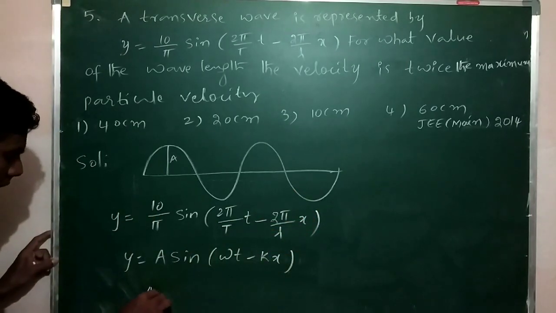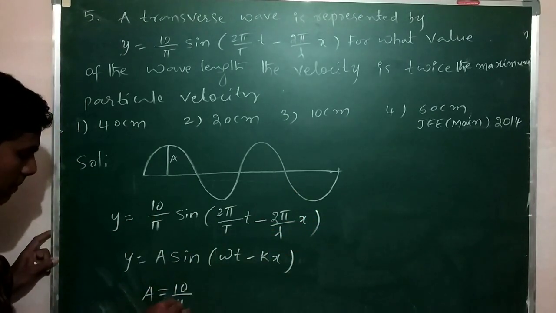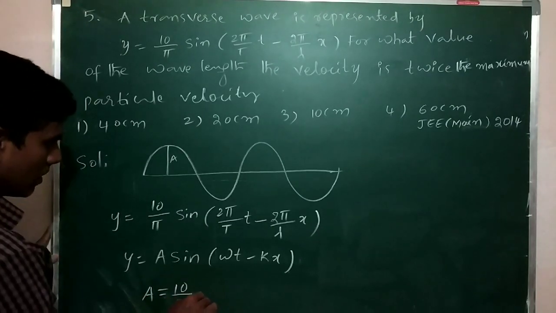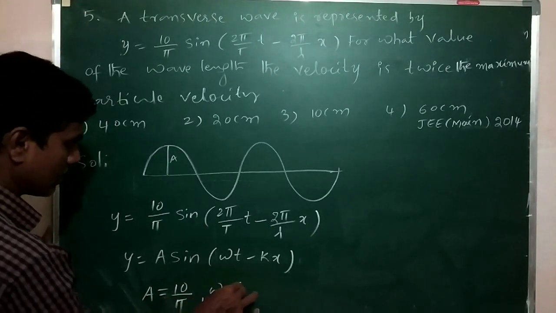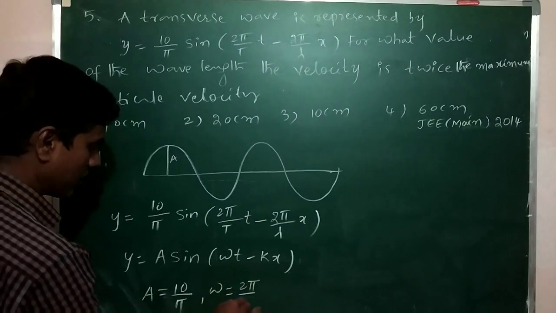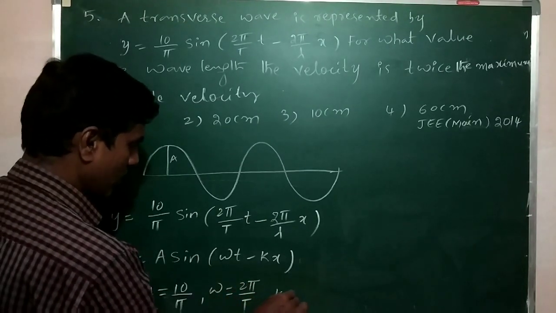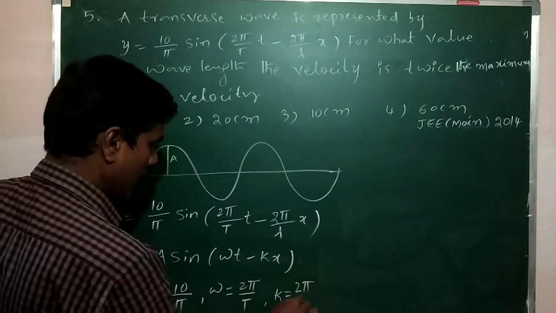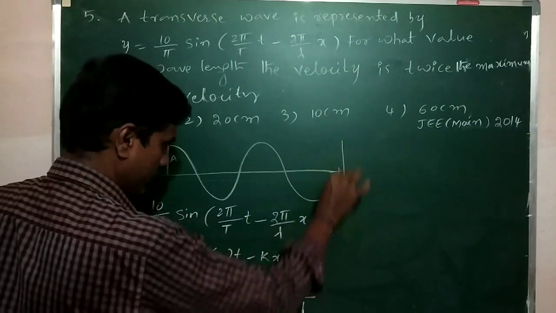Here amplitude a is equal to 10 by pi. Now omega equals 2 pi by capital T, and k equals 2 pi by lambda.